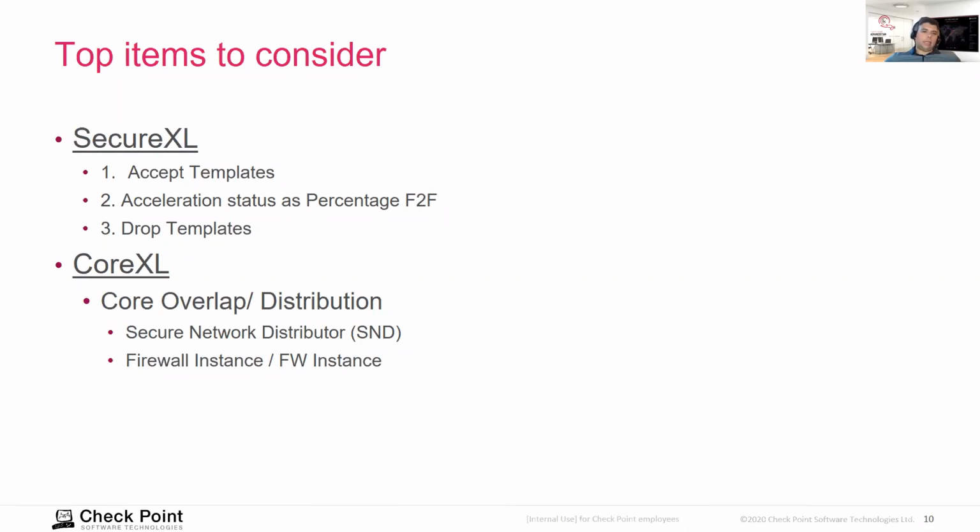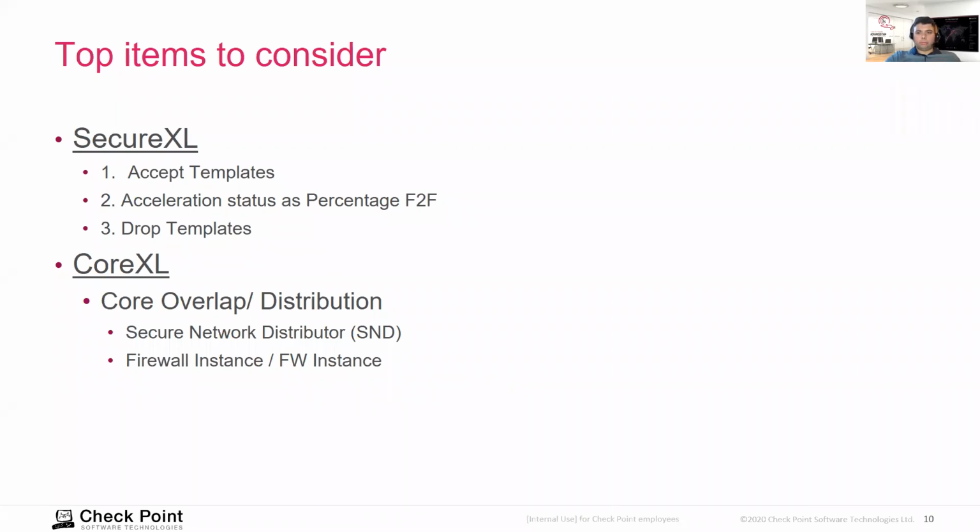If it's on the SNDs, on your interface interrupts, then it might be that you need to modify or enable multi-queue, modify the fwctl affinities that I was showing you earlier. Like I said, multi-queue, and then as well, you could modify the transmit hash policy if there's bottlenecks there.